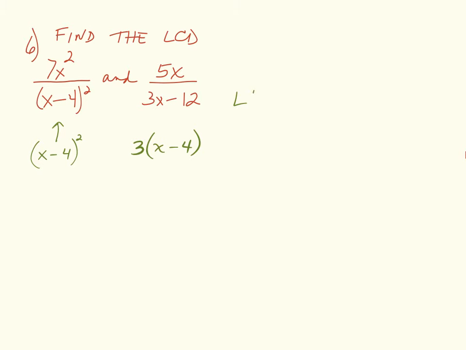So now we identify every unique, that means different, factor that we have. We have some factors of x minus 4. We have it here and here. And we have a factor of 3. So our LCD must contain a 3, and it must contain an x minus 4, and it must contain x minus 4 to the biggest exponent, which is the second power.